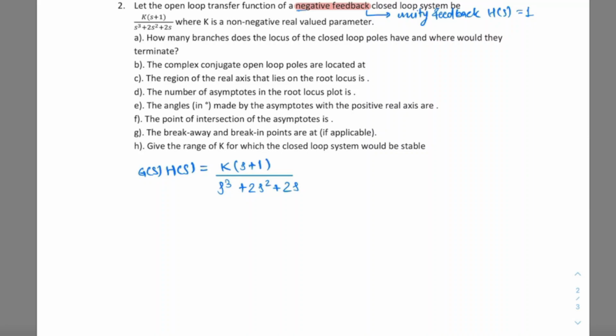So in step 1 of the construction of the root locus, we locate the open loop poles and open loop zeros.